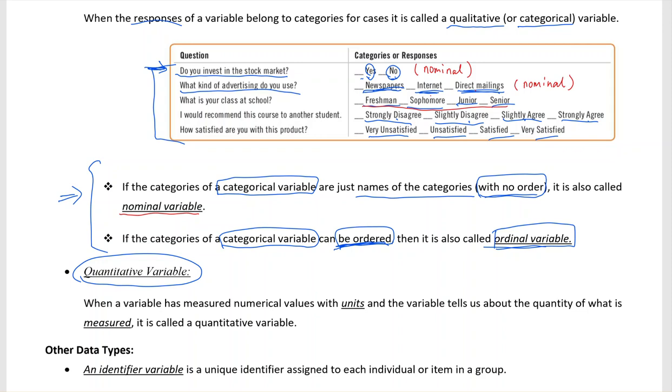Sophomore is higher than freshman, right? Junior is higher than sophomore, right? Senior is higher than junior. So actually, these categories are ordered, right? So if they can be ordered, then we call it an ordinal variable. Got the idea?